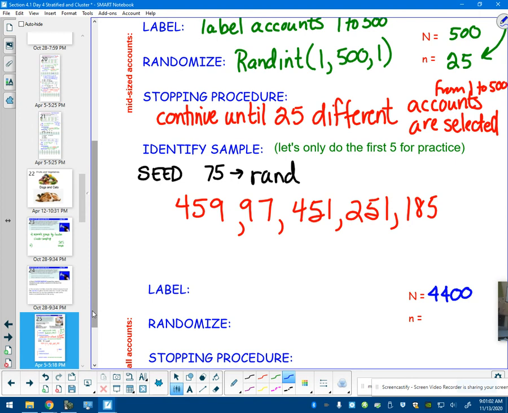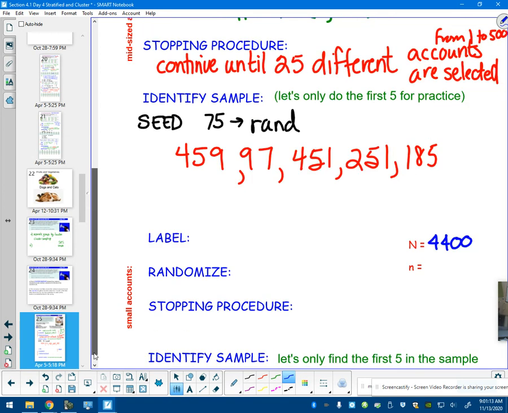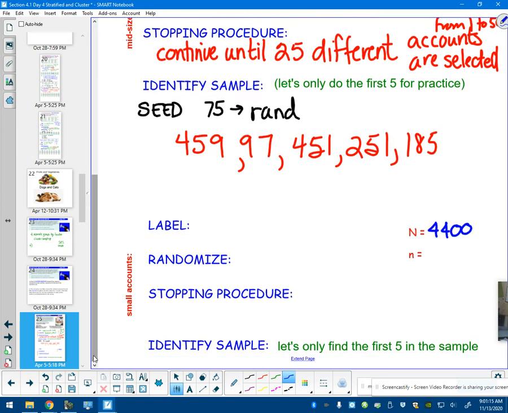Zach, what do you get? 4,400 times 1%, which basically means you're going to divide it by 100. It's not 4. 44. Yep.